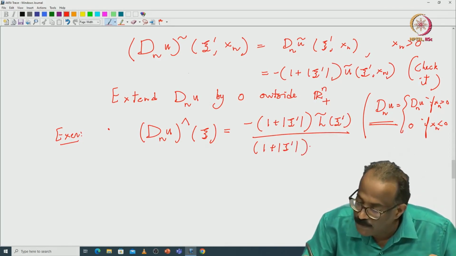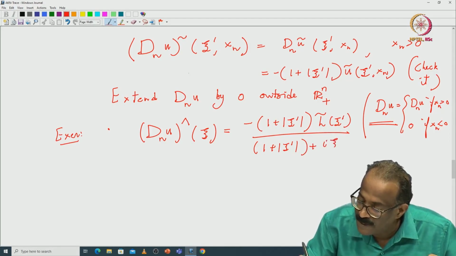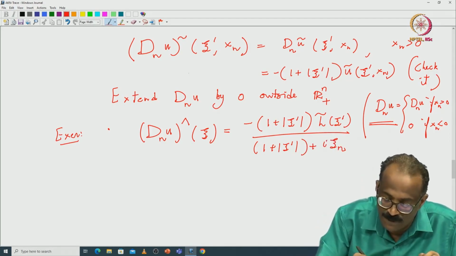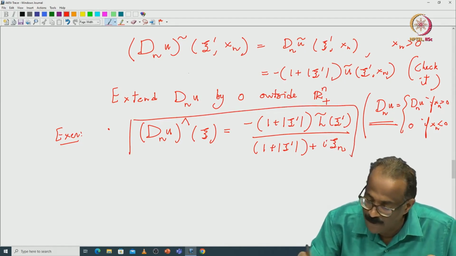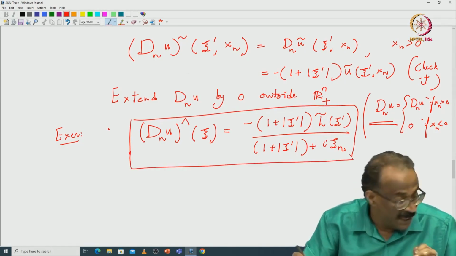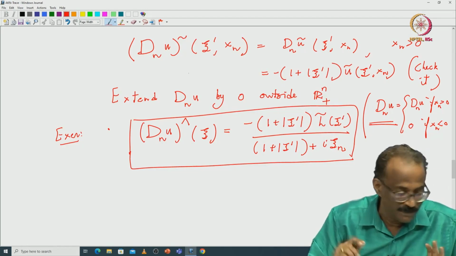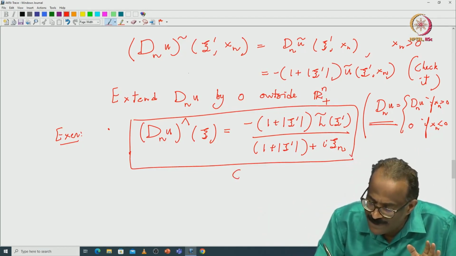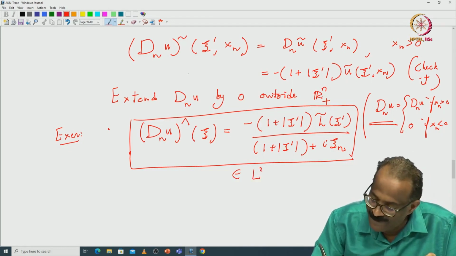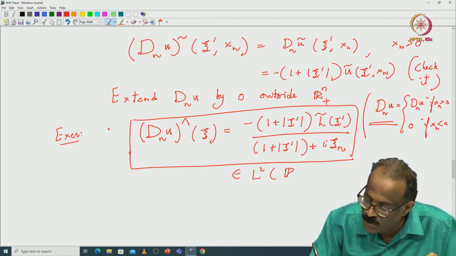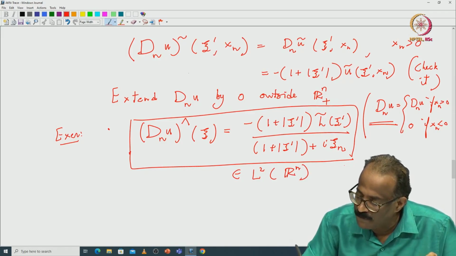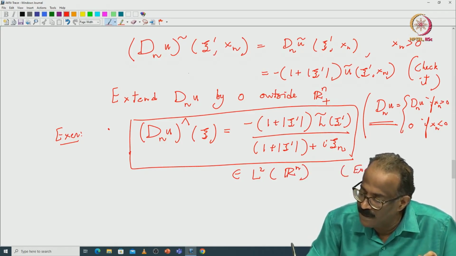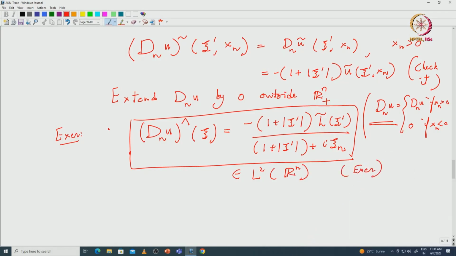You get that, and this can be computed, and you can show that this is in L2 of R. These are all you can do, that is not a problem. If you want all these exercises, small computations, you can do that. You can precisely write down everything and do this.